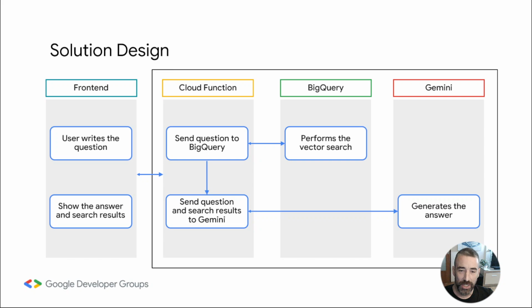This cloud function then sends the query to BigQuery, gets the answers back, and then sends those answers to Gemini. Gemini generates a natural language answer, containing the question and the responses from BigQuery, and then nicely returns this in the form of a JSON to the front end, where it will be shown to the user.